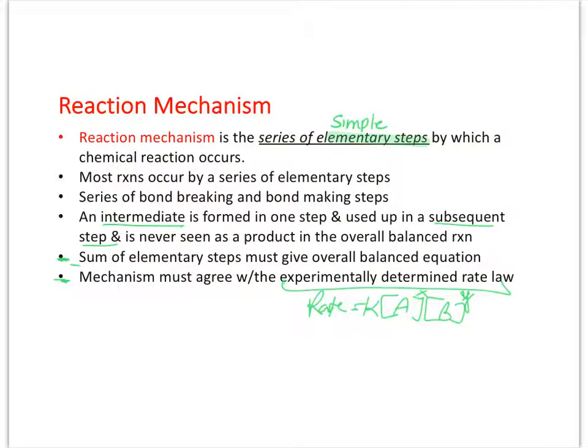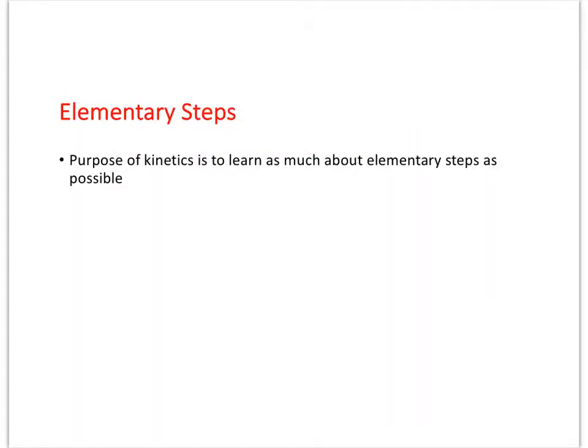If you have an experimentally determined rate law, then the mechanism's rate law that you come up with has to match your experimental rate law. So the purpose of kinetics is to learn about these elementary steps, and this is a lot of like biochemistry and physiology applications. You look at the overall process of photosynthesis, for example. There's a ton of elementary steps involved in that.